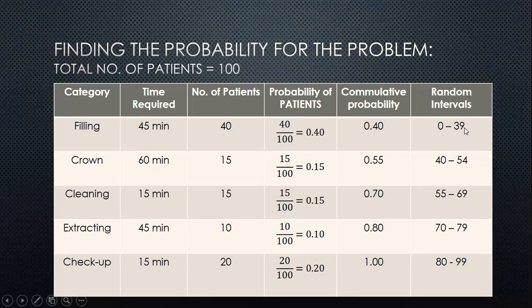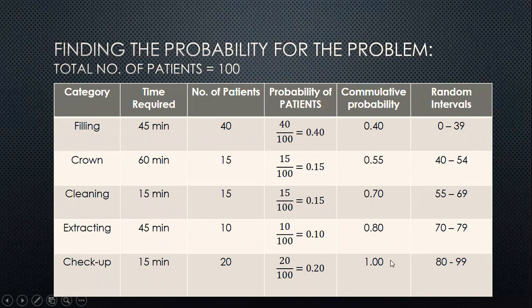So we stop there. Next, the interval starts at 40, and until this interval ends, we need a number less than 55, so I will use 54. Then the next is 55 to 69, then 70 to 79, and 80 to 99, which is less than 100.